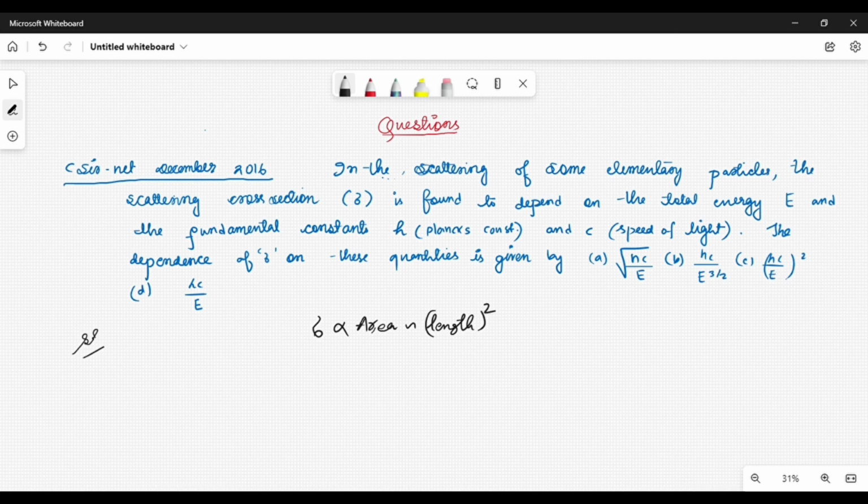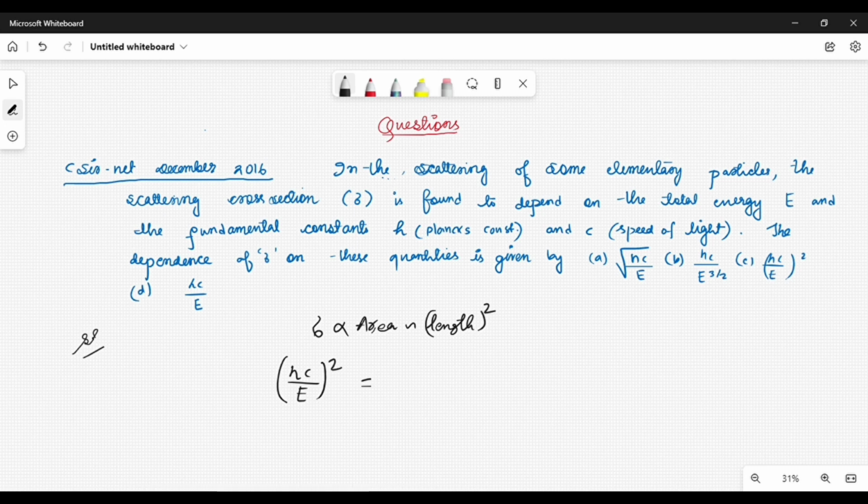So out of all these options, the one whose dimension is length square would be the correct option, right? I'm not wasting time. You can check all other options, but let me solve the option of h by E, right?